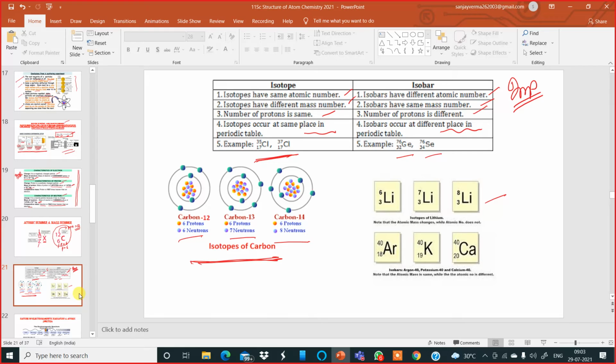And over here, a very good example of isobars. Remember this. This will be coming in your objective questions. Argon, potassium, calcium are examples of isobars because their mass number is the same and atomic number is different. So that was the concept about isotope and isobar.